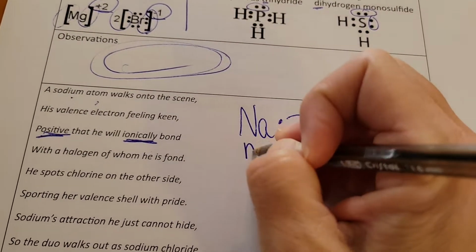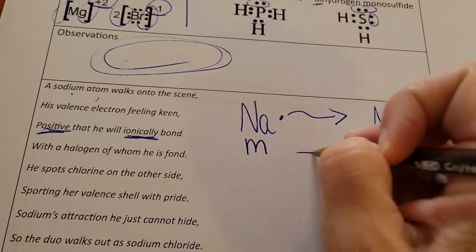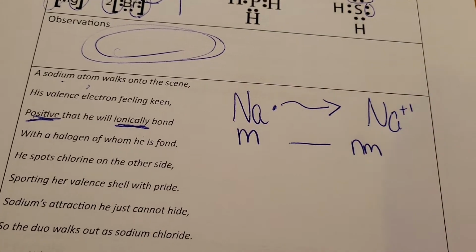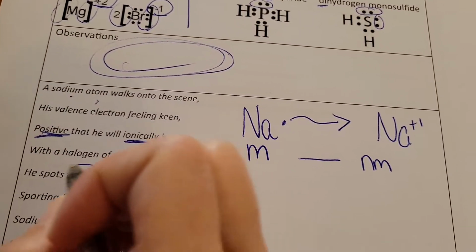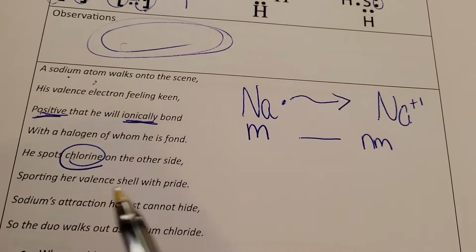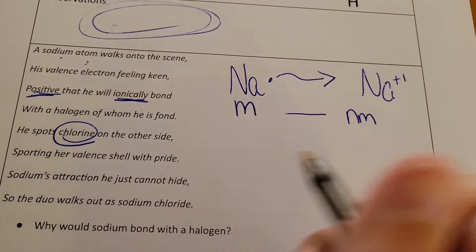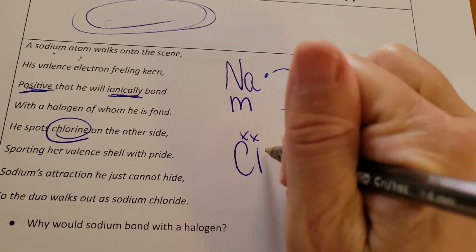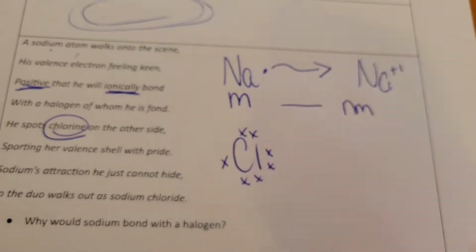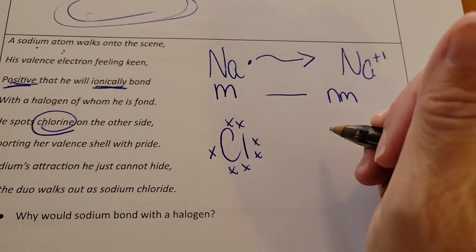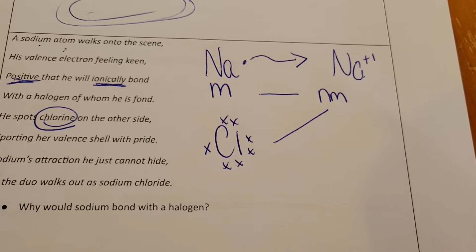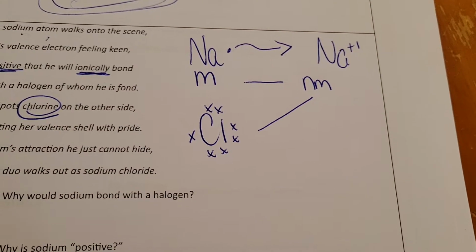And it is a metal, so that means it's going to want to bond with a non-metal. He spots chlorine on the other side, sporting her valence shell with pride. So we know chlorine has 1, 2, 3, 4, 5, 6, 7. Chlorine is a non-metal. Sodium's attraction, he just cannot hide.